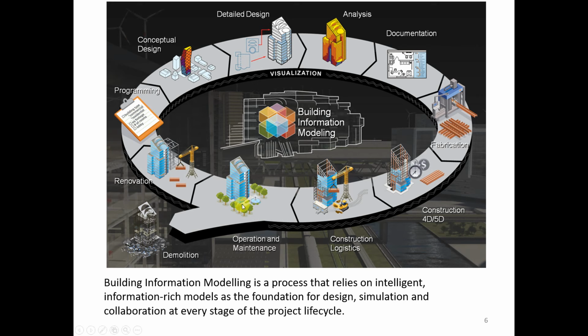So the model itself can be used for operations and maintenance, and then it can be plugged back in again. It can be recalled at a later stage for any sort of renovation work.